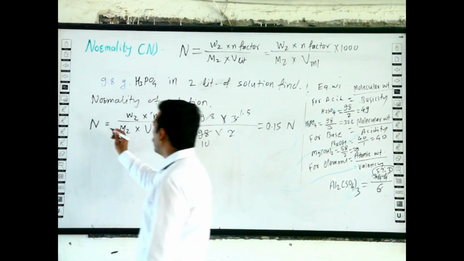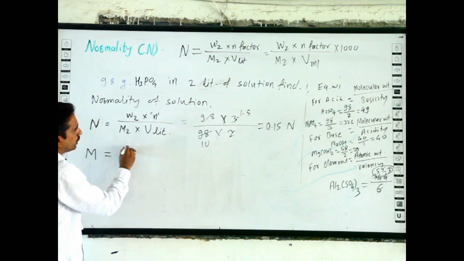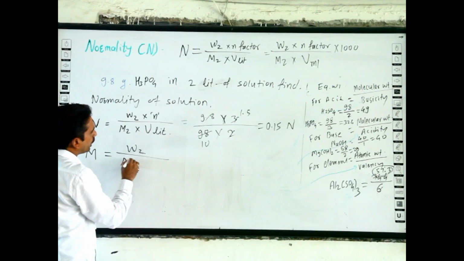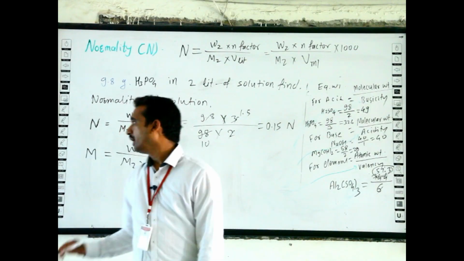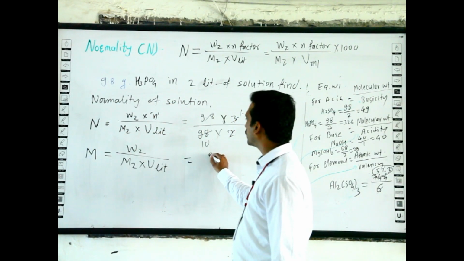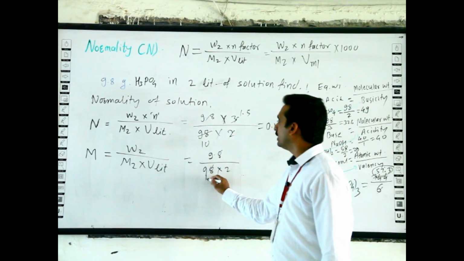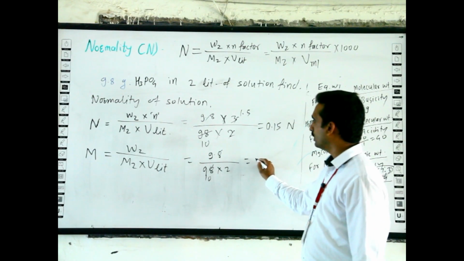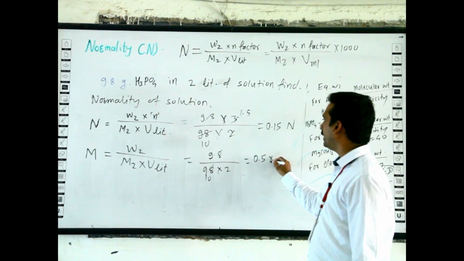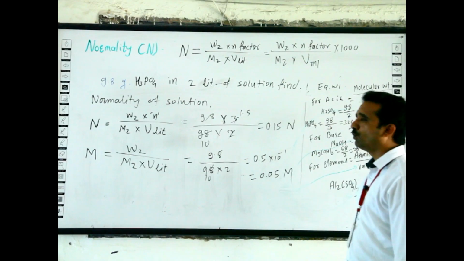And if we have to find its molarity, then M is equal to W2 upon M2 into V in liter, and W2 is 9.8 divided by 98 into 2, this one becomes 0.5 into 10 to the power minus 1, equal to 0.05 molar.